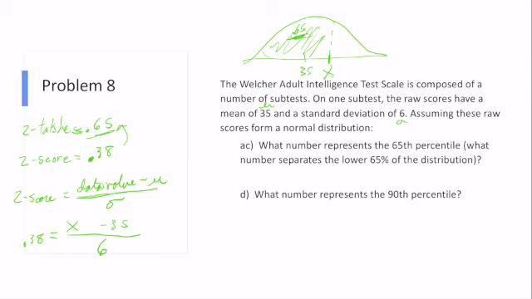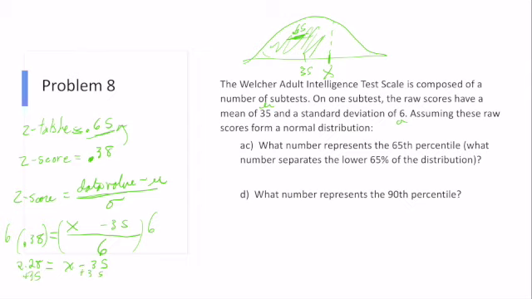The first thing I want to do to solve for x is isolate x. I need to get x all by itself. The first thing I'm going to do is multiply both sides of the equation by 6, because remember when we're solving an equation, what we do to one side, we need to do to the other side. So that gives me 2.28 equals x minus 35. Then I add 35 to both sides.